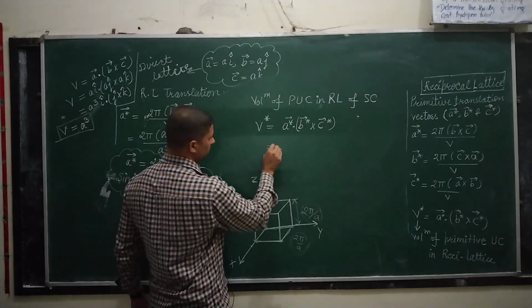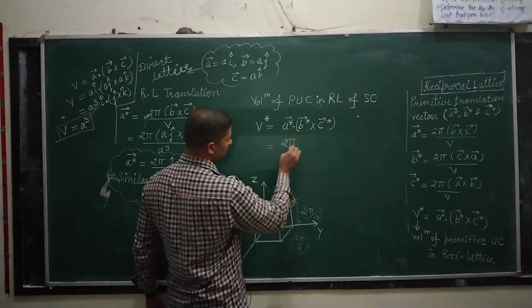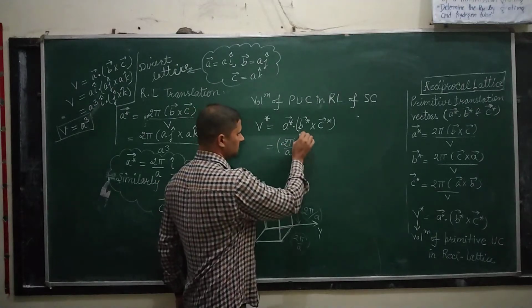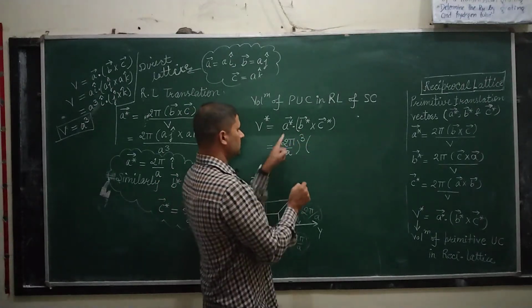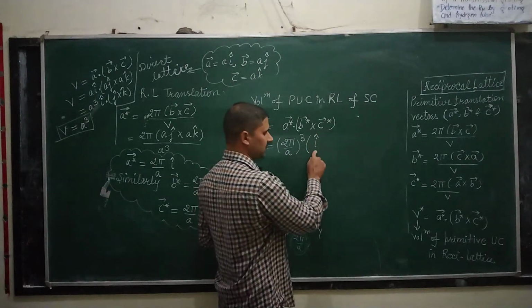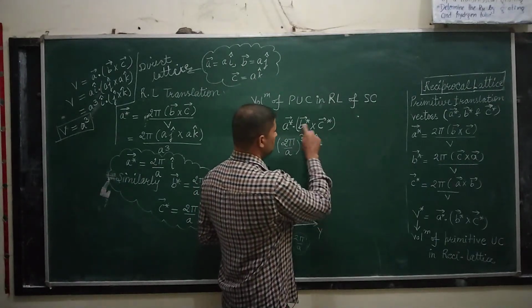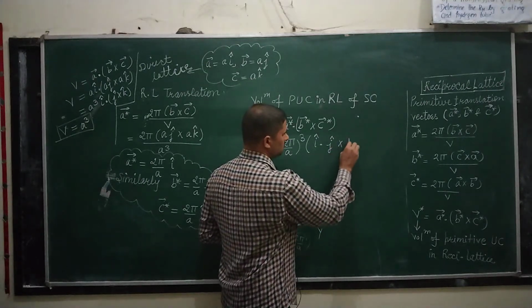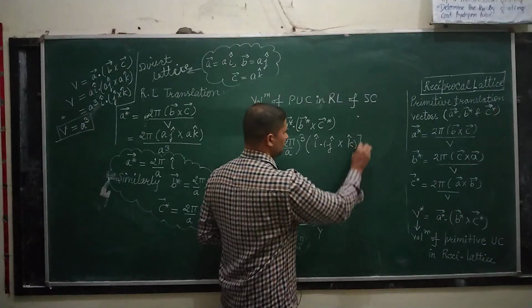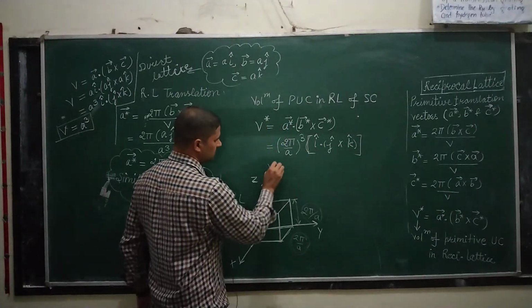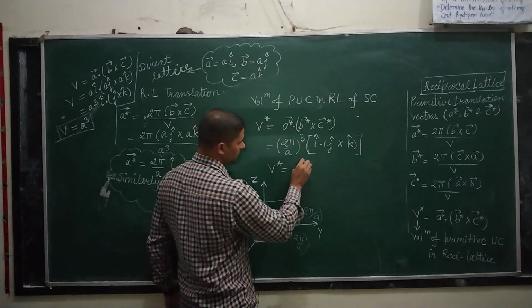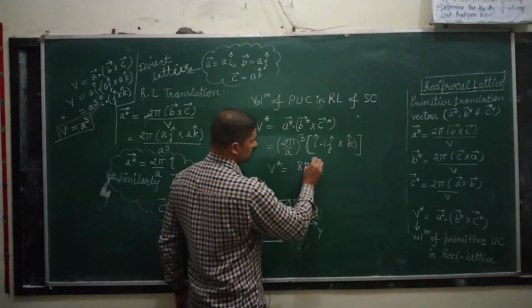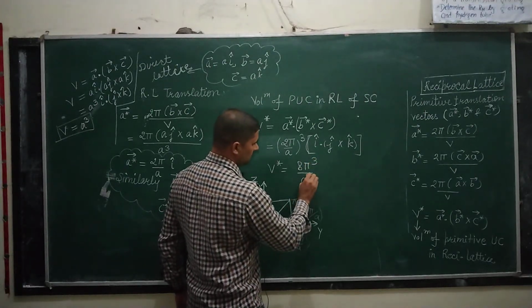If you substitute their values, you will get 2 pi by A in each vector, so I can write its cube, and then vector A its direction, dot vector B its direction, vector J cross vector K. If you solve it, you will get V star equal to 8 pi cube divided by A cube.